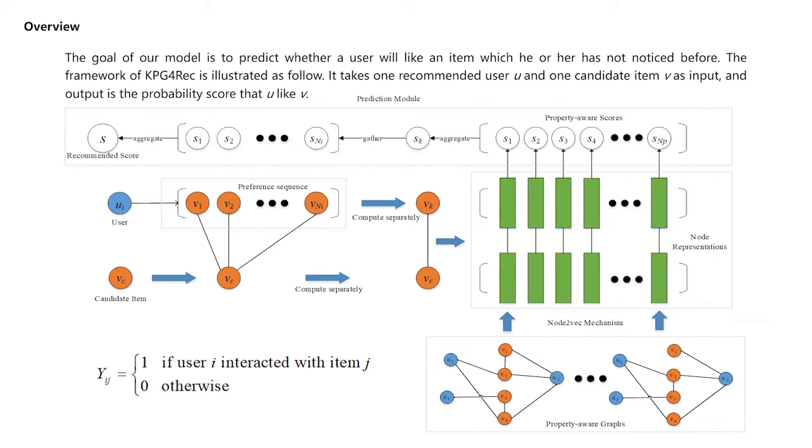With different properties extracted from the knowledge graph, property-aware graphs of the corresponding property can be constructed. The framework of KPG4Rec is illustrated in the picture. Given the above information, the goal of our model is to predict whether a user will interact with an item which he or she has never noticed before. It takes one recommended user Ui and one candidate item Vc as input, and the output is the probability score that Ui will click Vc.